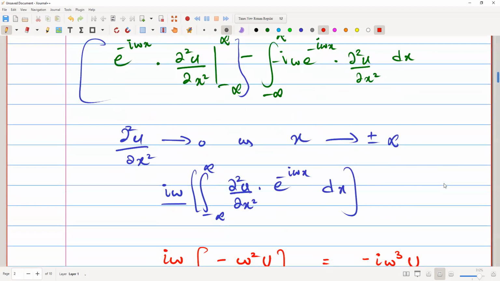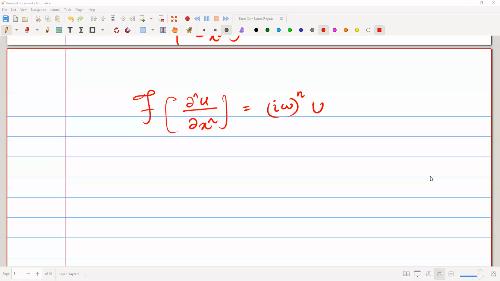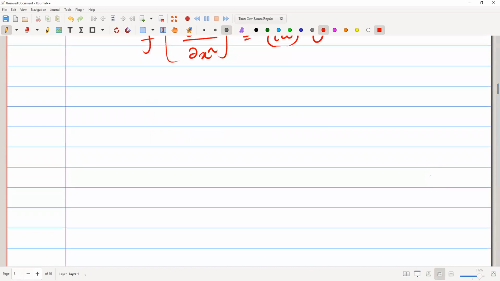Negative, positive. Okay, something seems messy here. Let me check. So we see in general how we can write this transformation for partial derivatives, and then we have the transformation of ∂u/∂t.